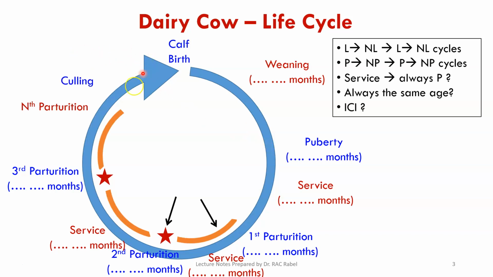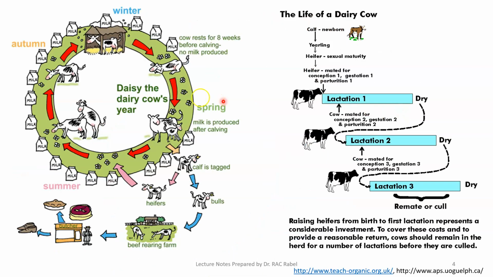We haven't come to that topic yet. You also know the intercalving interval; we've briefly talked about it and we'll go into details on that. And you know the seasonality.